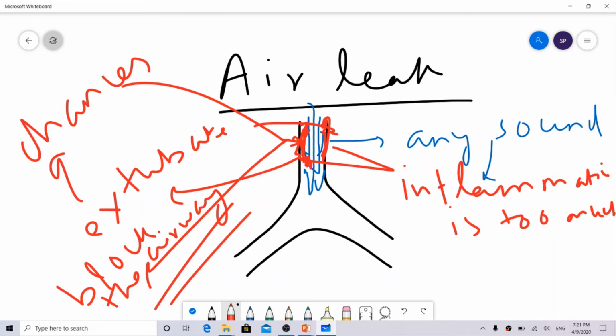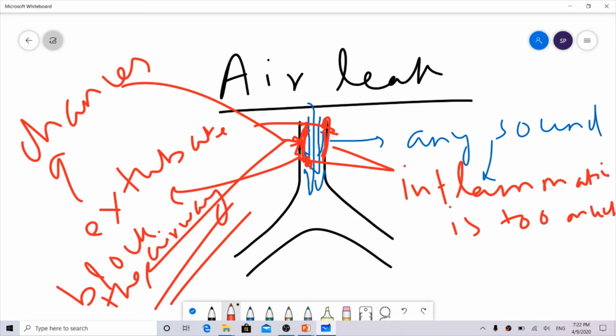When you deflate the balloon and then put pressure, you hear a hiss sound over the trachea, because the air passes through a very narrow space between the deflated balloon and this small amount of inflammation. But if you do not hear that hiss, it means the inflammation is too much. If you extubate those patients, there is a very high risk that the inflammation blocks the complete airway. That's not a good sign on a ventilator.